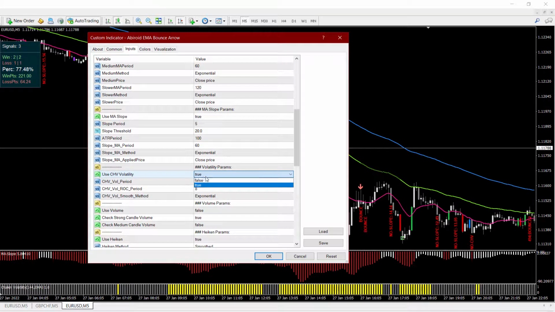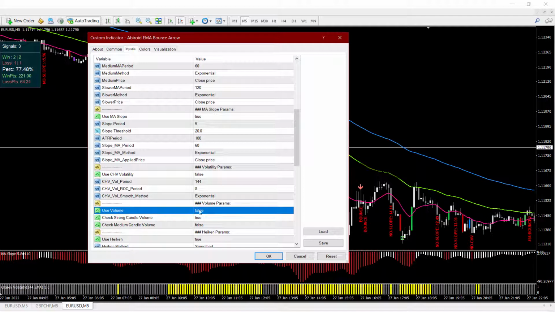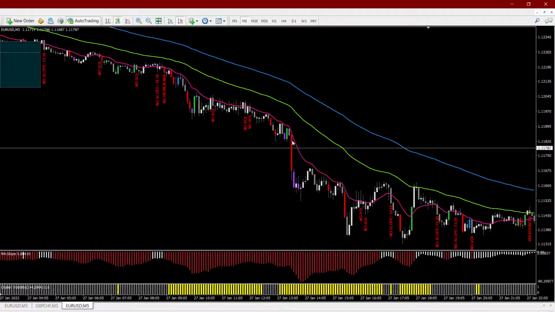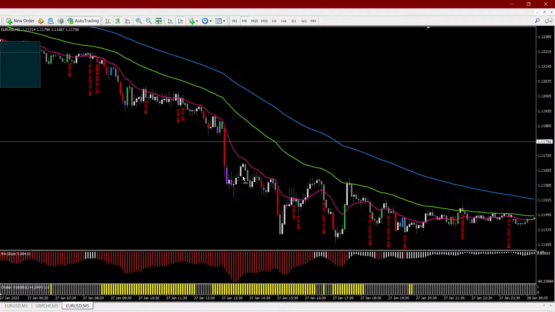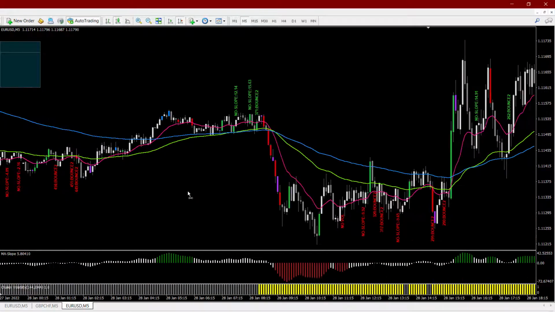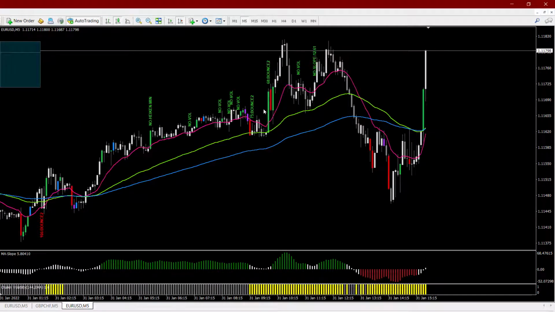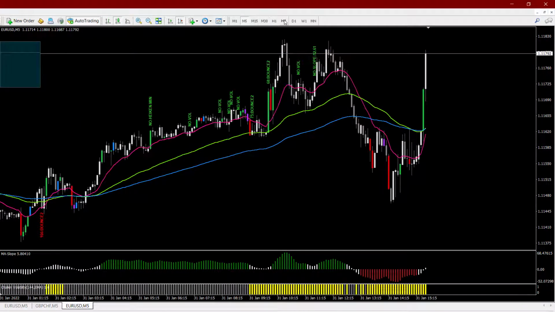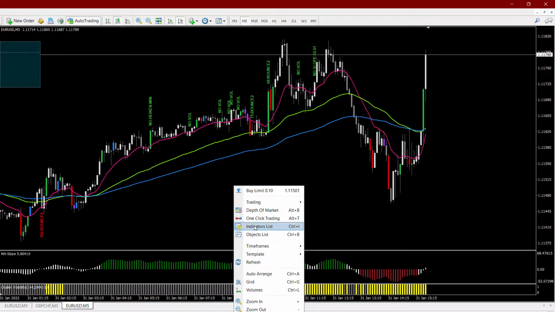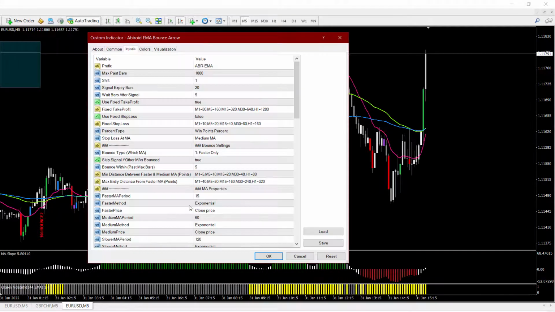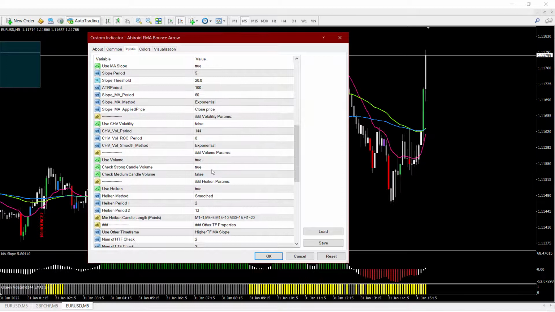So I'll just set this back to false. Next we have use volume. If this is set to true, then it will use these high volume candles, and you will get fewer signals. Once again, this is much more useful for higher time frames when you want good strong volume candles. I'll set this back to false.